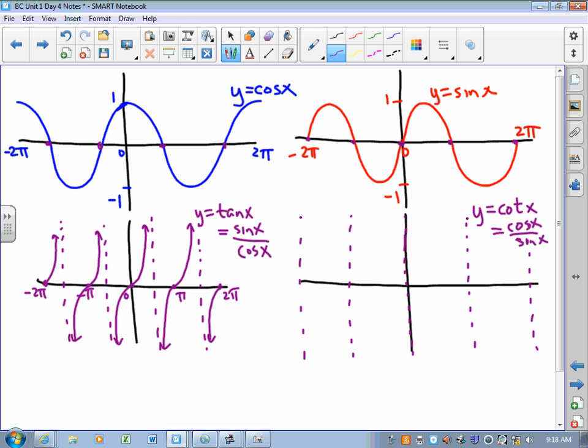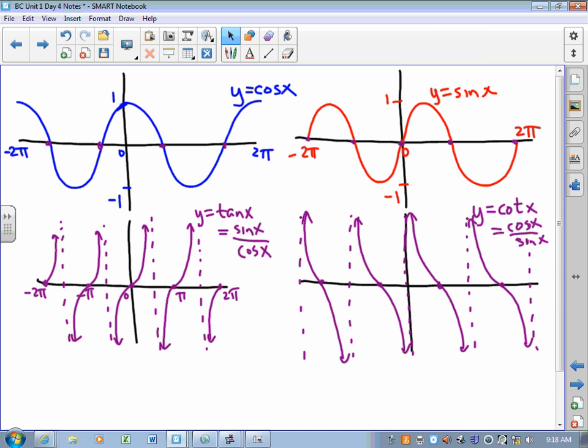And everywhere the cosine graph is 0, the cotan graph is 0. And so you get a slightly different picture. It's a translation and reflection of the tan graph. It is a translation and reflection. All right, excellent.